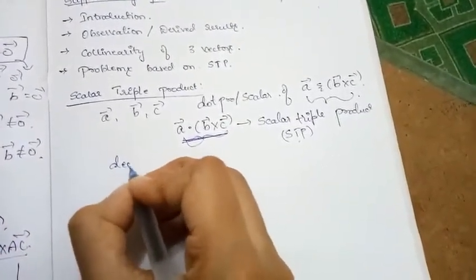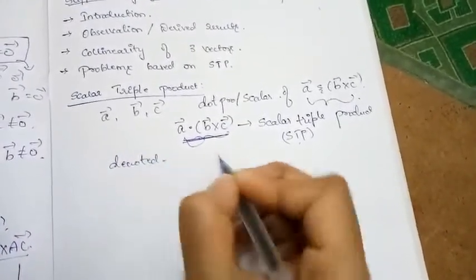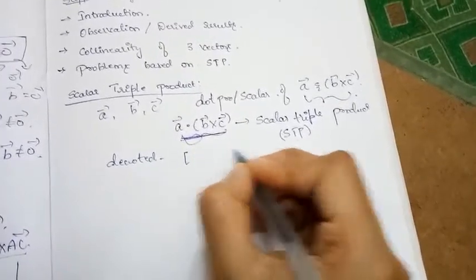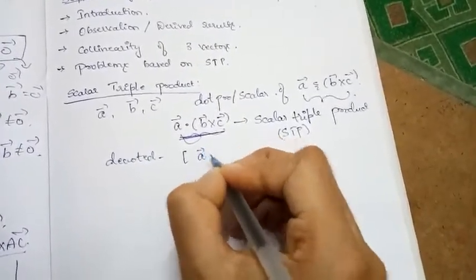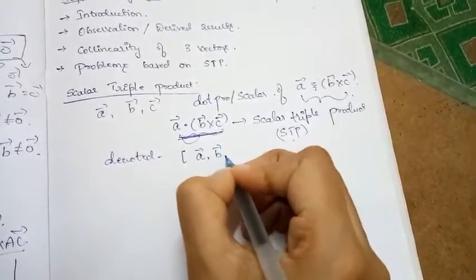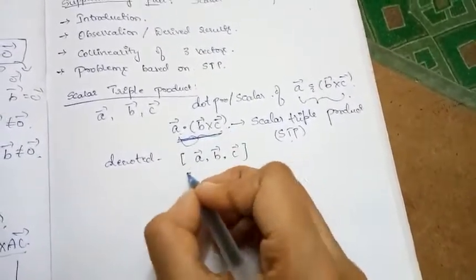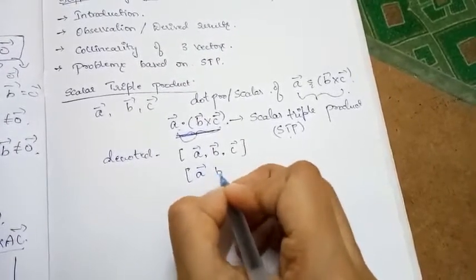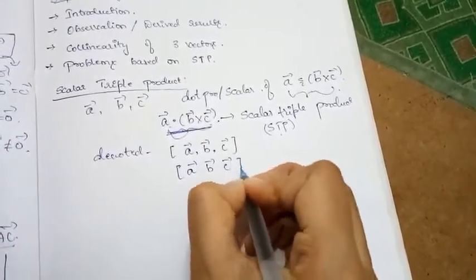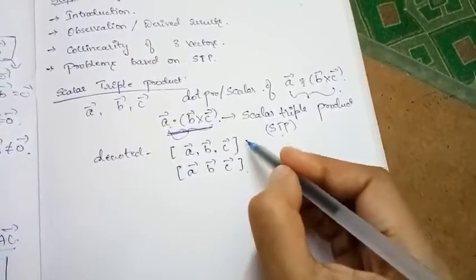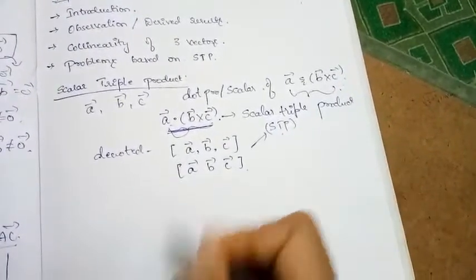We are going to denote this scalar triple product within square brackets as vector A comma vector B comma vector C in this order itself, or else we can remove the commas and directly write vector A, vector B and vector C.